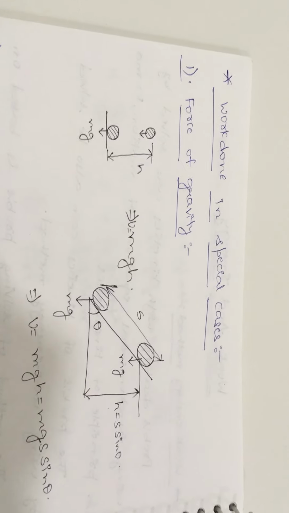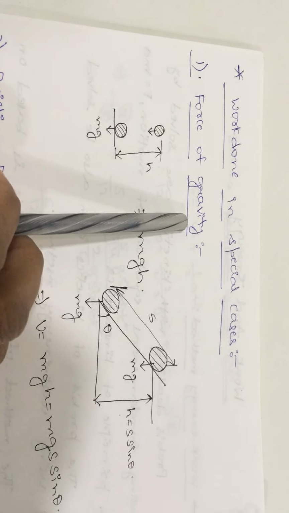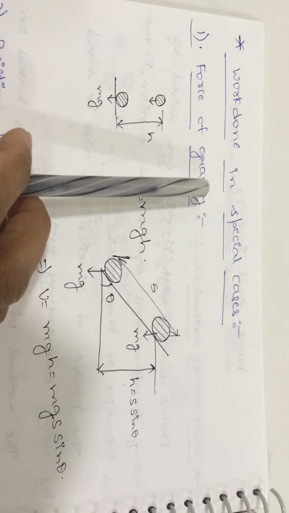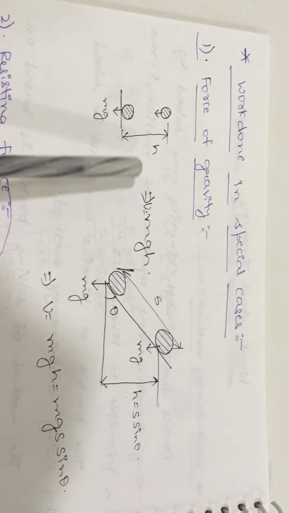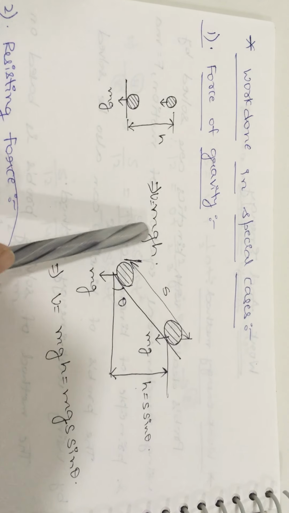Now we will see some special cases for the work done based on the application of forces. Coming to the first one, force of gravity. Force of gravity is nothing but the gravitational force, that is the weight force. According to the force you will get the work done formula.